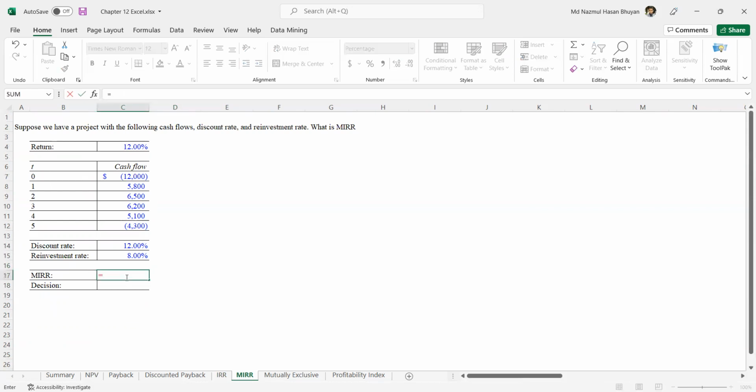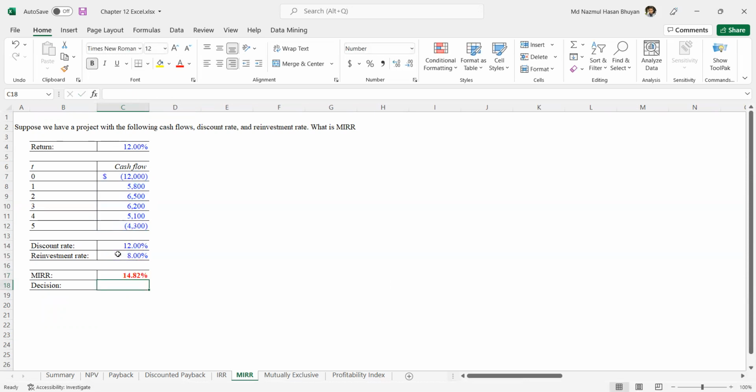So for MIRR, the formula should be MIRR. Then select all the cash flows you expect to receive over the life of the project. Then your financing rate. Financing rate means your discount rate at which you finance your investment, and then your reinvestment rate, then hit enter.